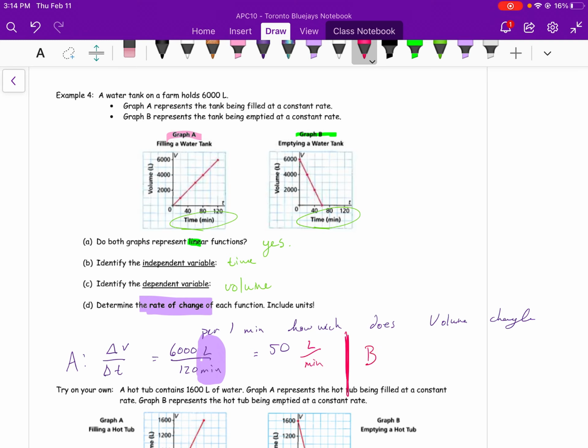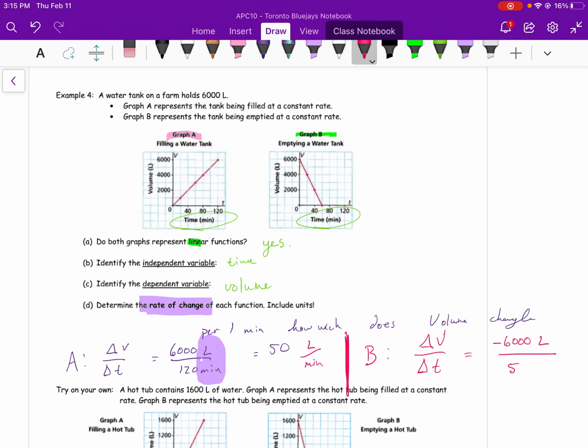Whereas graph B, my rate of change is going to be my change of volume over the change in time. Now, on the graph, what we may see is my change in volume is negative 6,000 because we start off at 6,000 and the volume goes down to 0, and that is in liters.